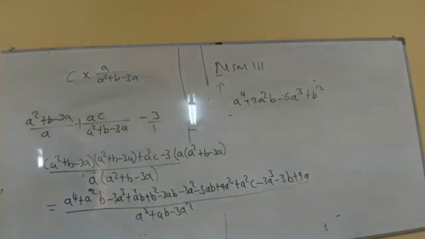AB. So if you consider the part which talks about AB, we have three ABs. So if you look at the ABs, we have two of them.